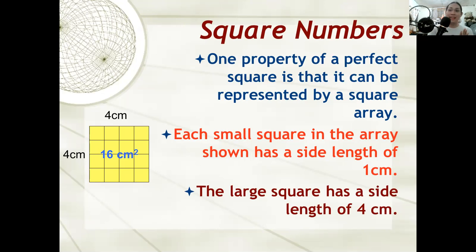The large square has a side length of 4 centimeters. So there are 16 small squares, representing 16 square centimeters. This is how you can also represent a square number.